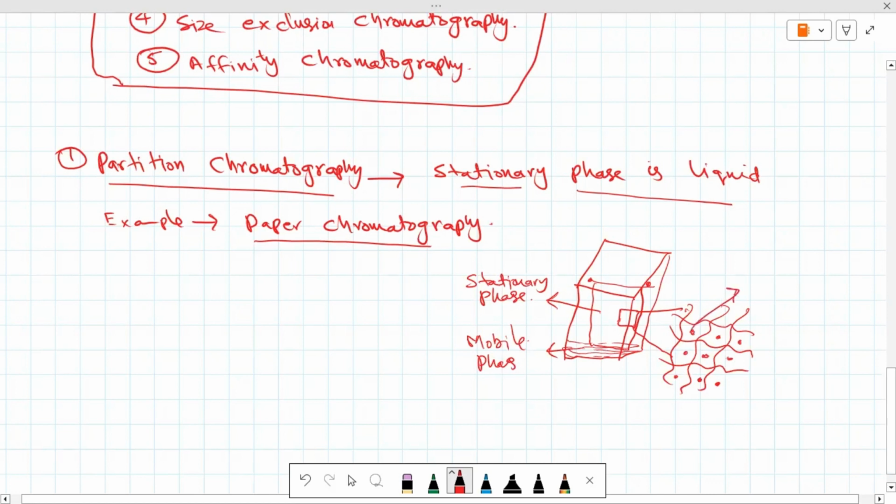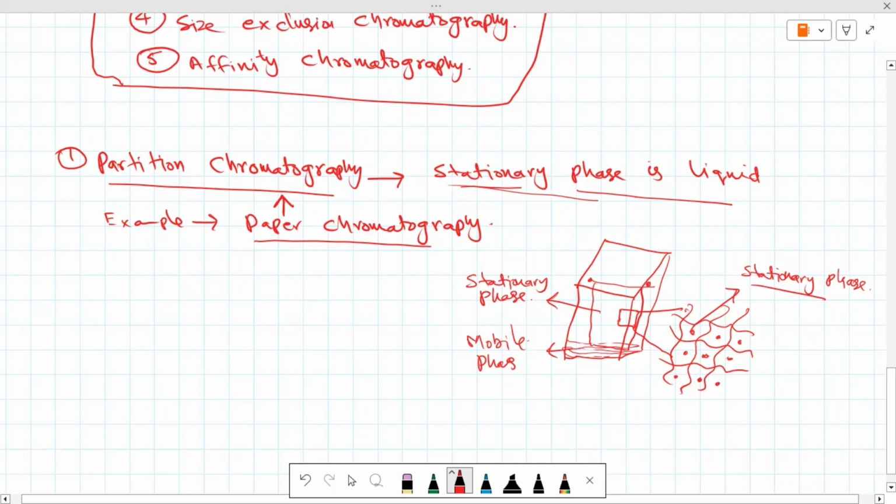This water acts as a stationary phase. So paper chromatography is basically partition chromatography, a type of chromatography in which the stationary phase is liquid.